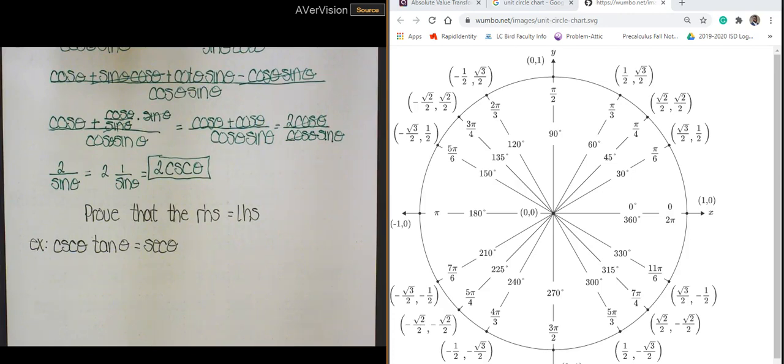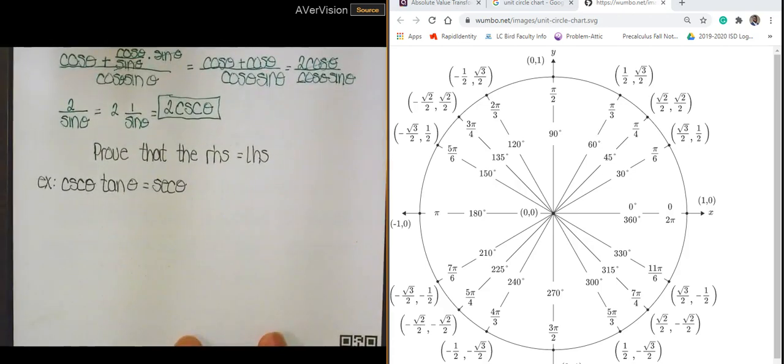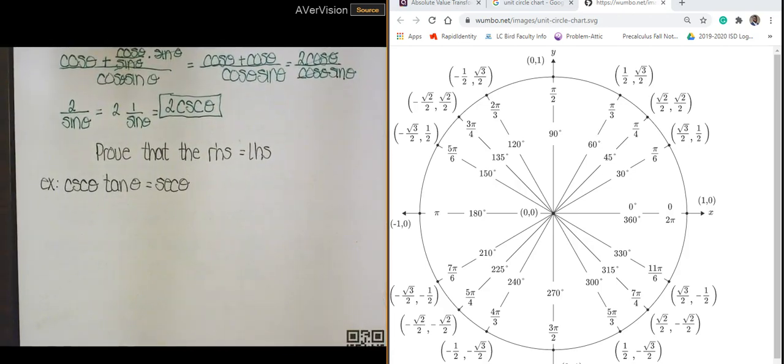Can we simplify the left-hand side? The best way to approach these kinds of problems is to change everything in terms of sine and cosine and see if anything cancels out.